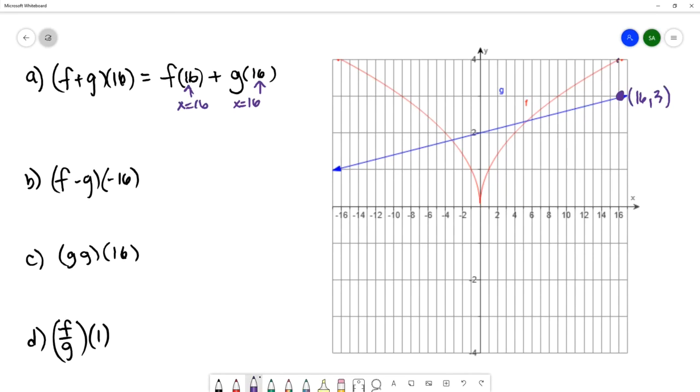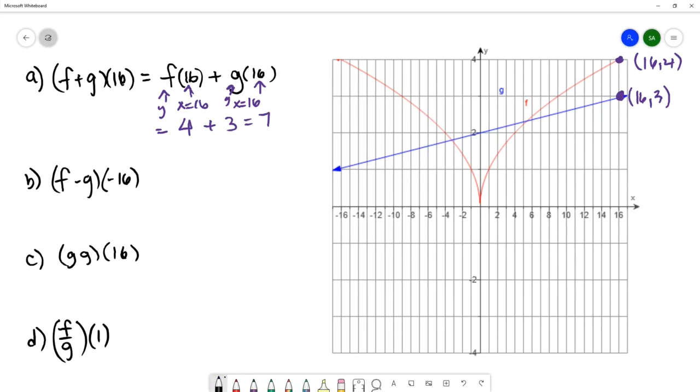And then on the graph of f, that looks like (16, 4). So I'm identifying the y-coordinate on both of these. So f of 16 would be 4, g of 16 would be 3, and I want to add those results together to get 7.